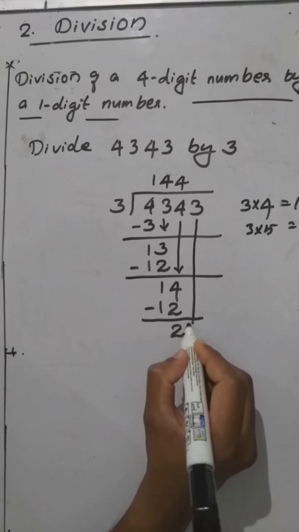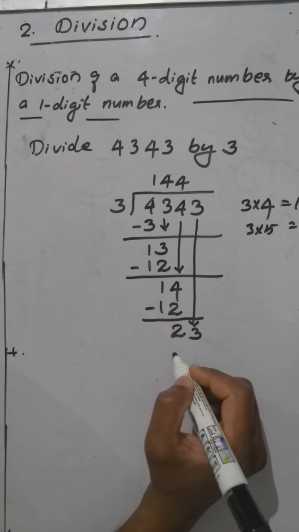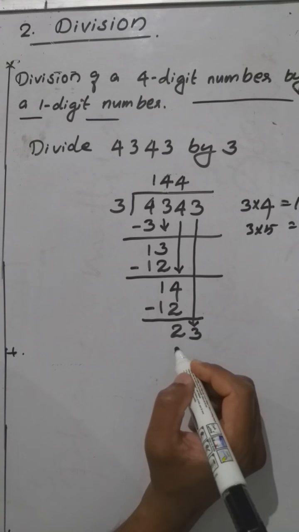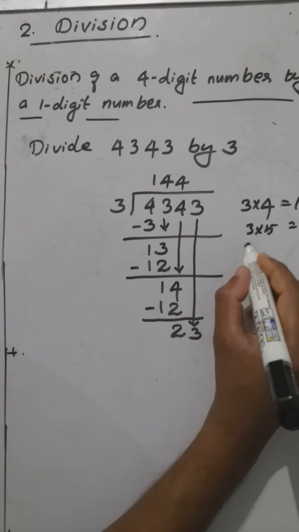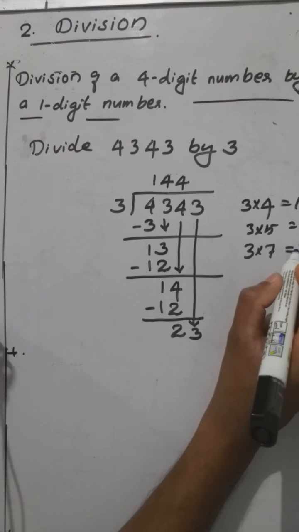And this last digit, that ones place digit, we have right here 3. 23. So how many 3's are there in 23? 3 7's are 21.